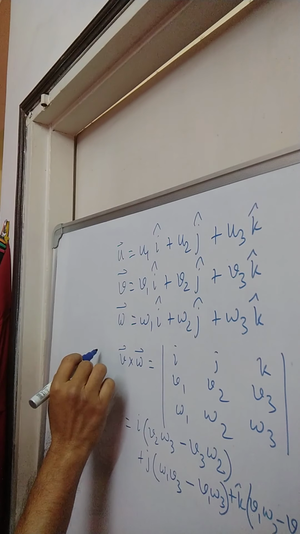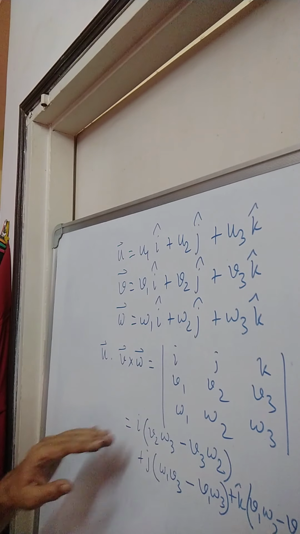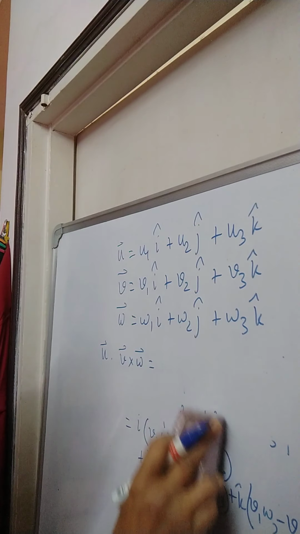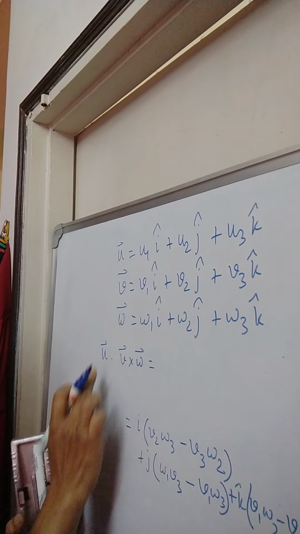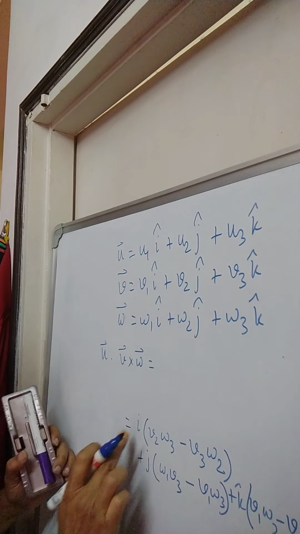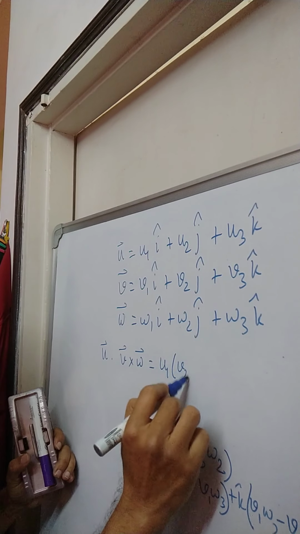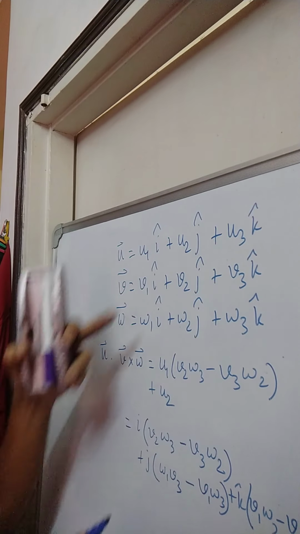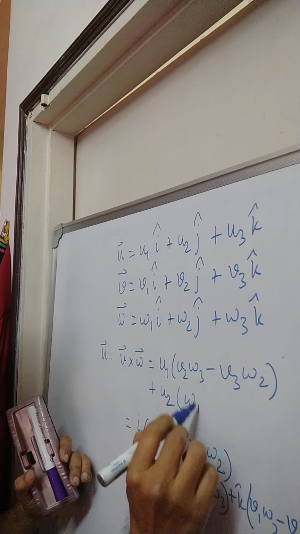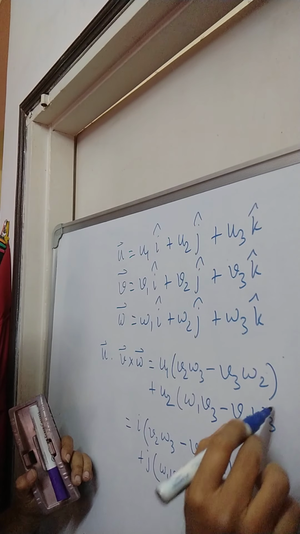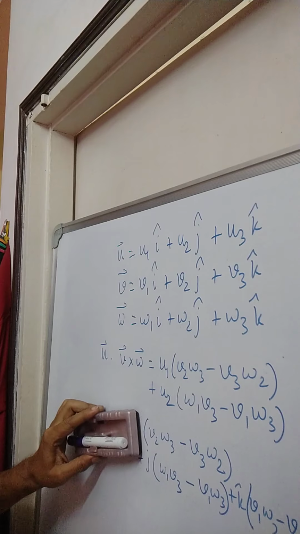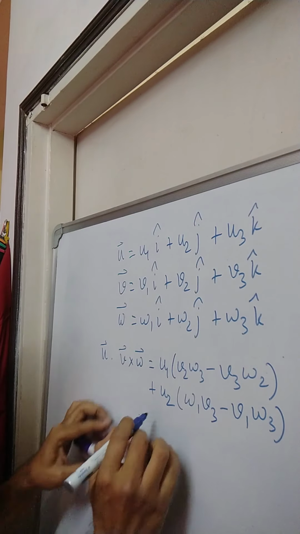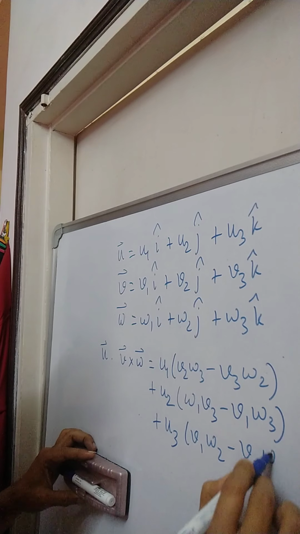So, when I take the dot product with U of this vector, we get: U has a U1 component with i, so U1 will be multiplied with V2 W3 minus V3 W2, then U2 will be multiplied with the j component or y component, W1 V3 minus V1 W3, and U3 will be multiplied with the k component, V1 W2 minus V2 W1.